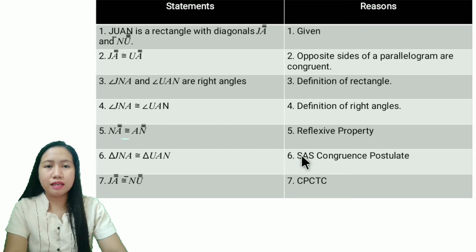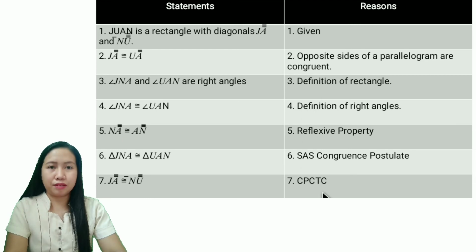The reason is by SAS congruence postulate. And for number 7, line segment JA is congruent to line segment NU by CPCTC. So that is the example for proving a diagonal in a rectangle.